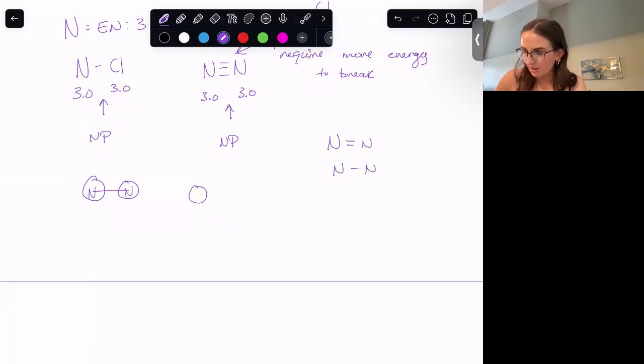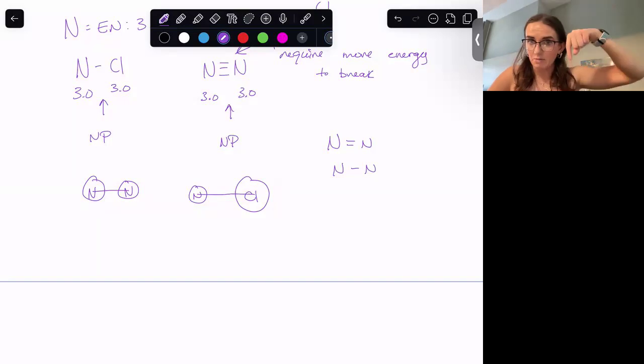If you have nitrogen and chlorine, we now have a longer distance between those atoms, and so therefore that bond is going to be longer. So the bigger the atom, which means as you're going down the periodic table, the longer the bond between them.